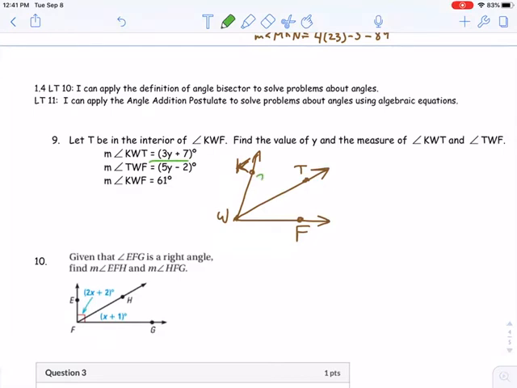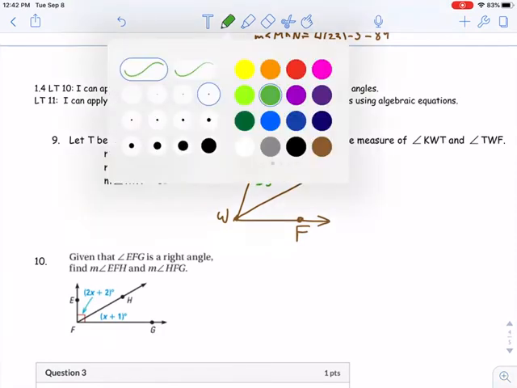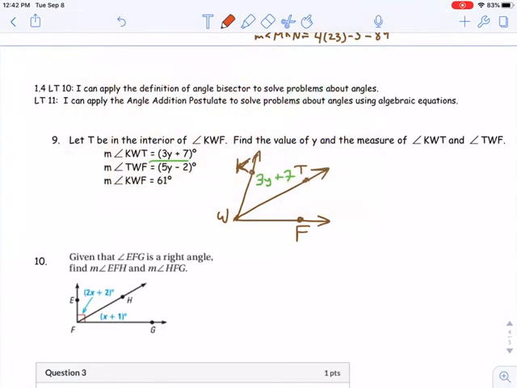KWT right there is 3y plus 7. 5y minus 2 is that part right there. And then the whole stinking thing, 61.